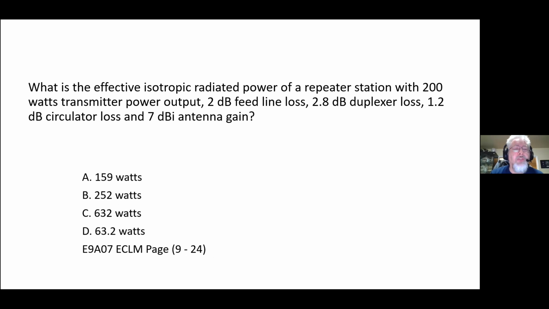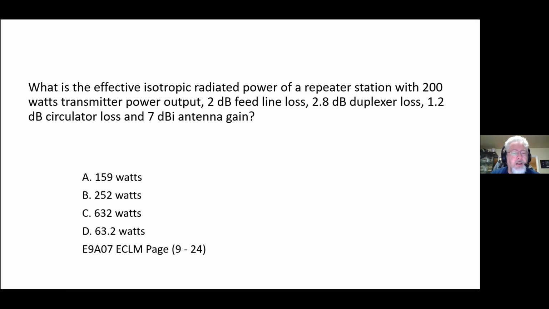What is the effective isotropic radiated power of a repeater station with 200 watts transmitter output power, 2 dB feed line loss, 2.8 dB duplexer loss, 1.2 dB circulator loss, and a 7 dBi antenna gain?